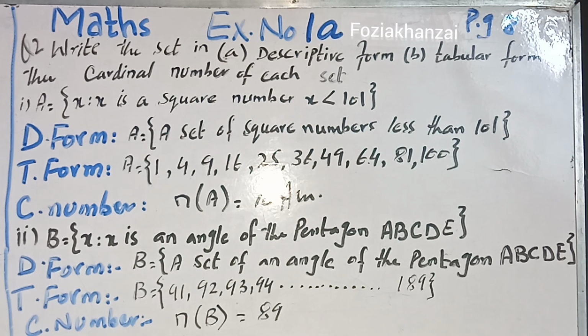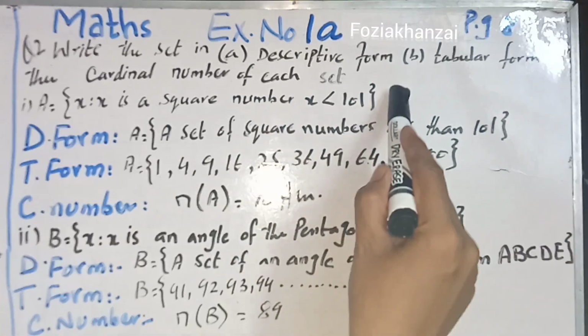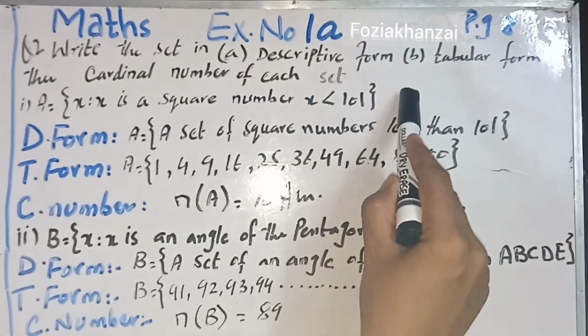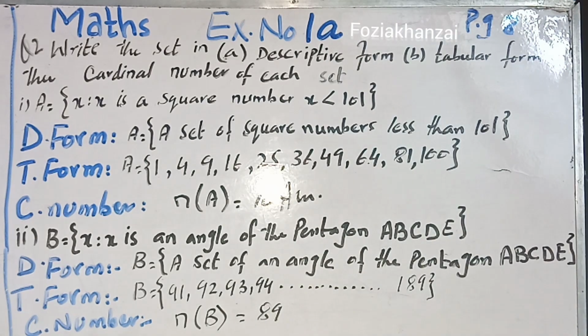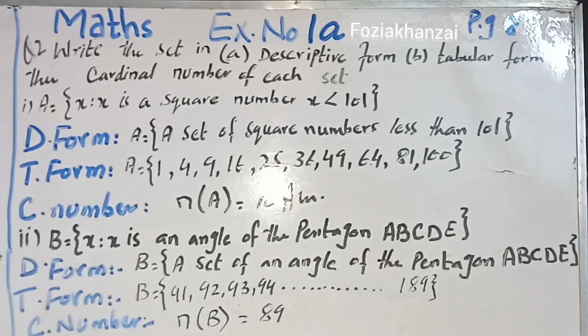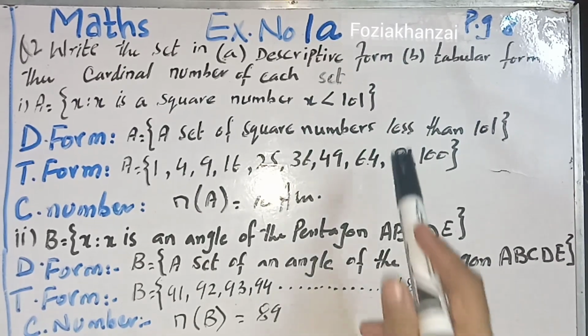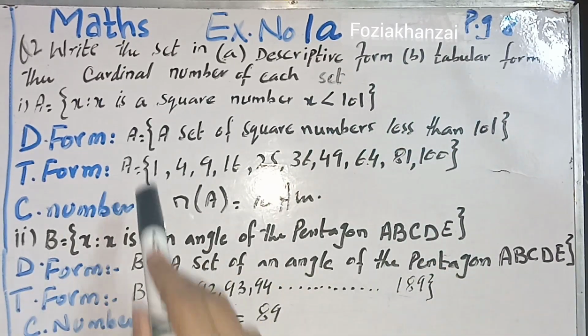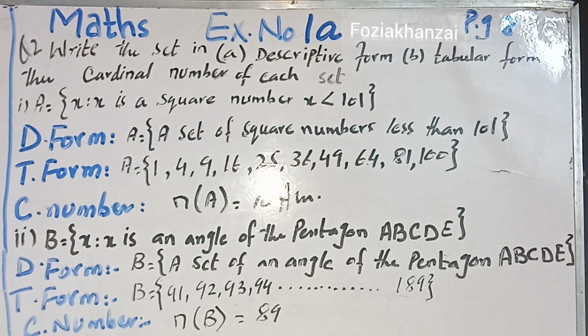Now the first one. Sorry, your question is given in set builder form. Write in descriptive form, tabular form and cardinal number.